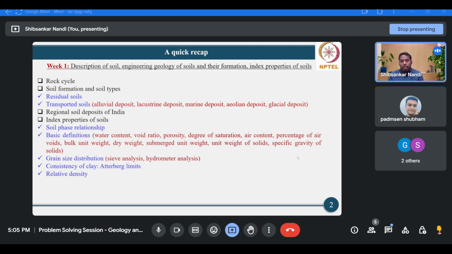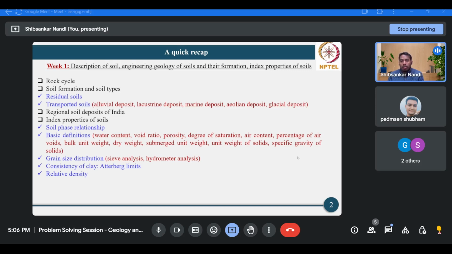Under index properties, we have learned the basic three-phase soil relationship, then some basic definitions like water content, void ratio, porosity, degree of saturation, and so on. This particular aspect, index properties of soils, is very essential, it is the fundamental basis of the rest of this course. So please be very careful about this aspect.